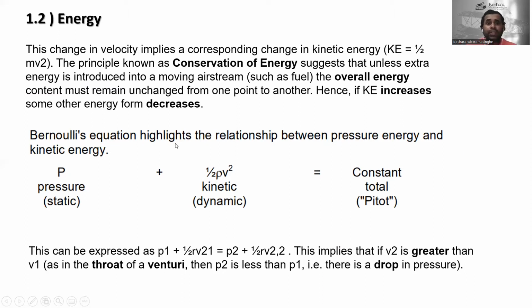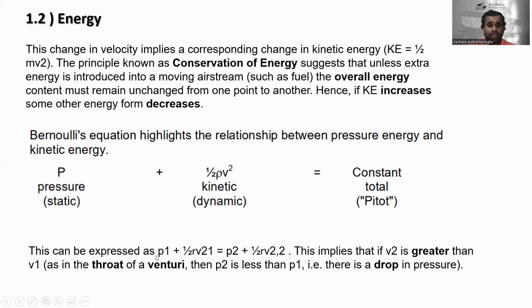Bernoulli's equation highlights the relationship between pressure energy and kinetic energy. Pressure energy plus kinetic energy, or dynamic energy, equals a constant. For example, total pressure: pressure plus half into density into V squared equals constant.